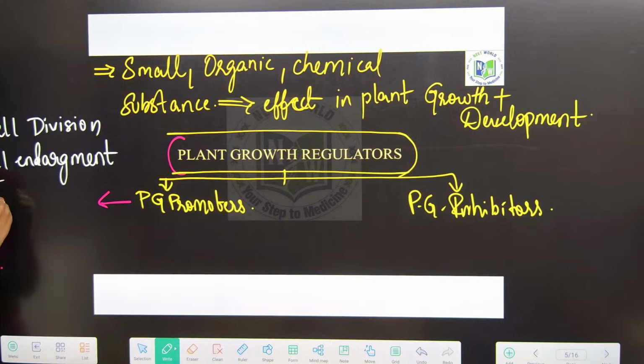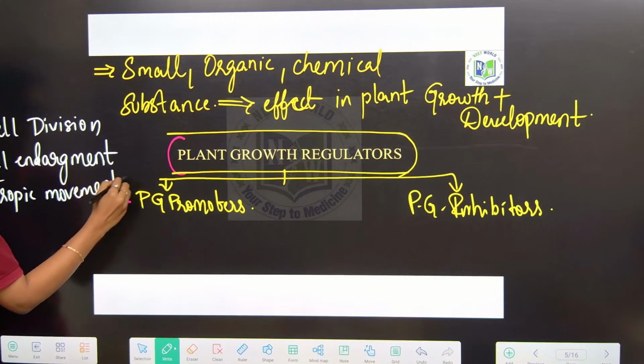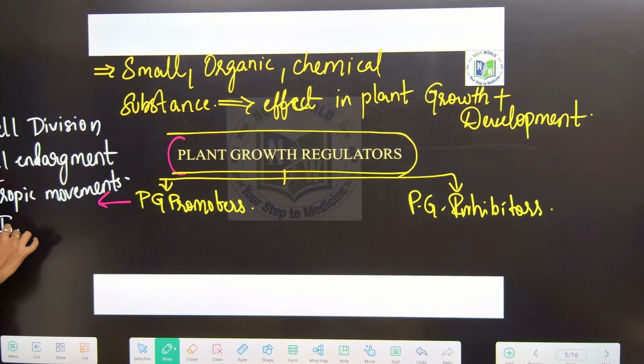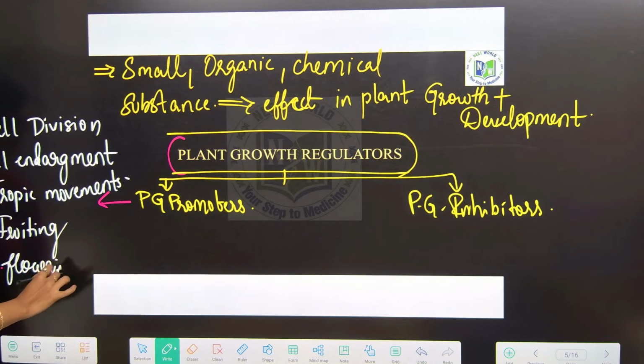Aging and senescence come under plant growth inhibition activities. Inhibition of senescence is nothing but cell division, right?